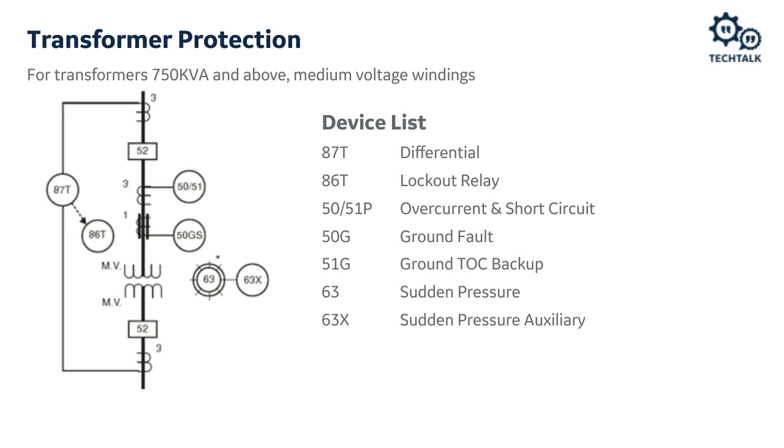For transformers 750 kVA and above, when we get into both windings at medium voltage, then we get into what I would consider fundamental transformer protection schemes. Here we're bringing three-phase CTs from both the high side and the low side of the transformer into the transformer protection relay to do, at minimum, an 87T current differential function as primary fault detection.